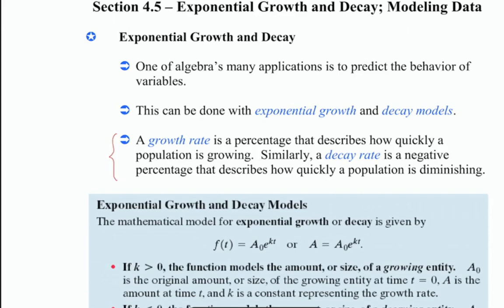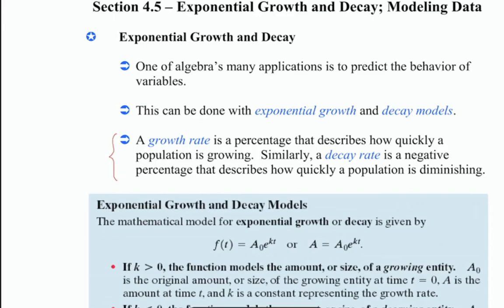It's not that growth is caused by a number that's larger than 1 and decay is caused by a number between 0 and 1, like some kind of fractional value like 1/2. In this case, we actually use a negative exponent, or rather a negative percentage, in order to describe decay, or when an amount is decreasing, depending on how the amount is decreasing.